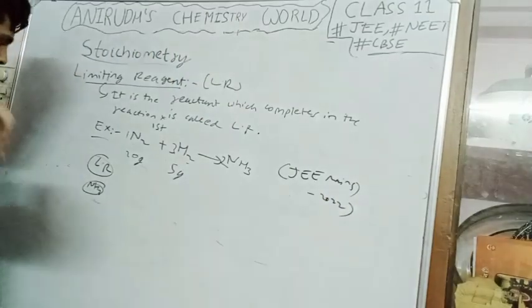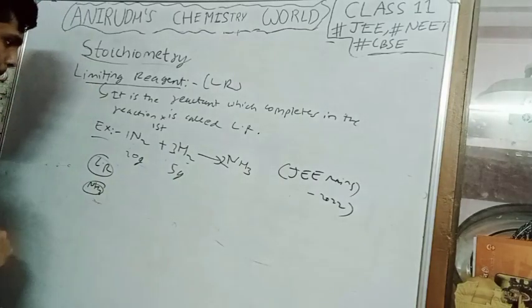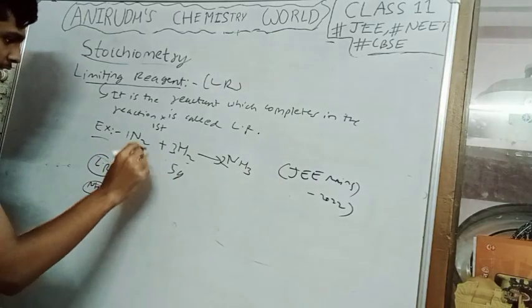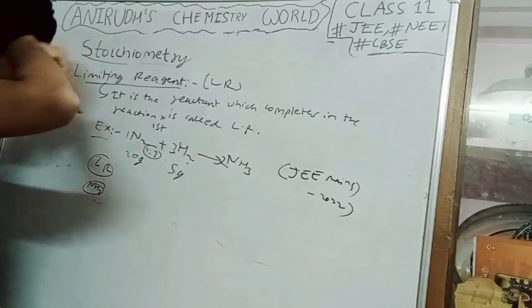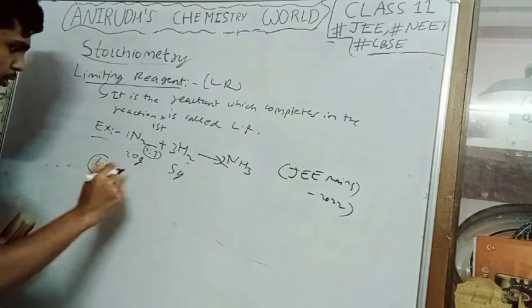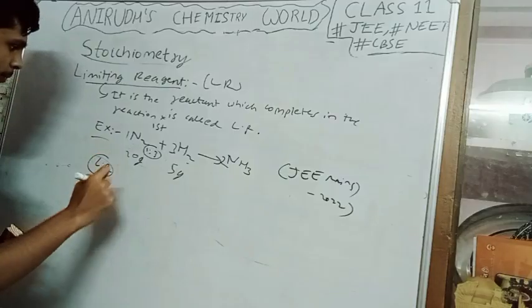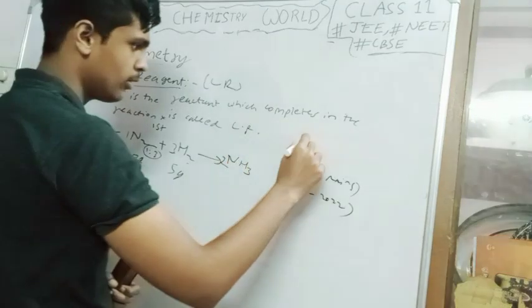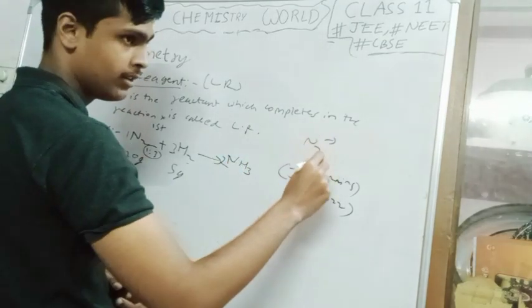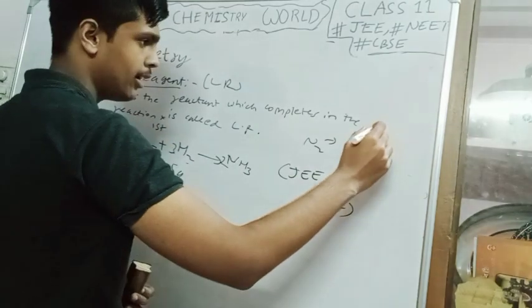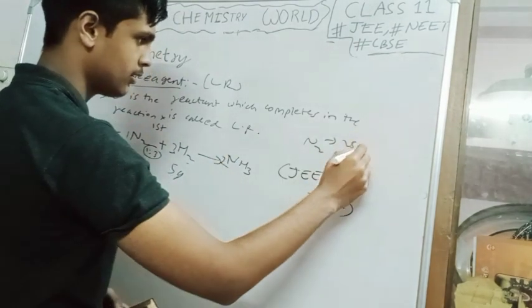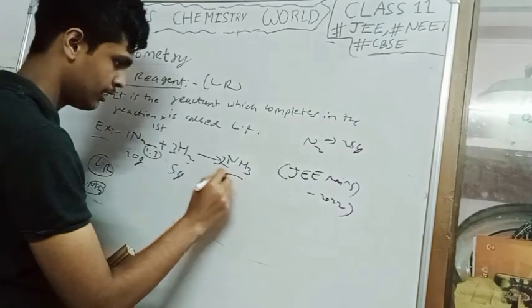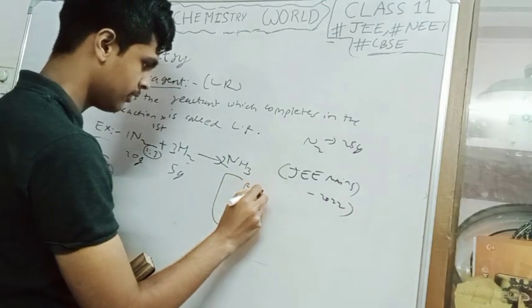Now, you just write the molar ratio. It's 1:3. Now you convert this into moles, for N2 it is 20 grams. What is the N2 mass? Nitrogen mass is 14, so 2 into 14 is 28 grams.